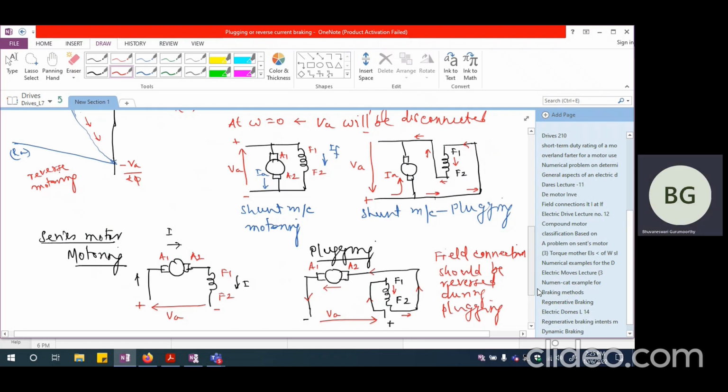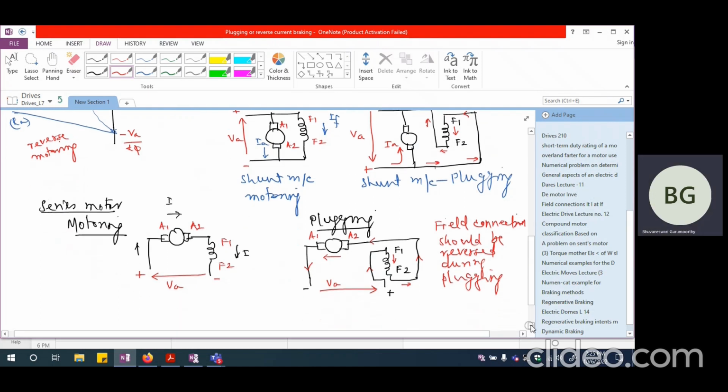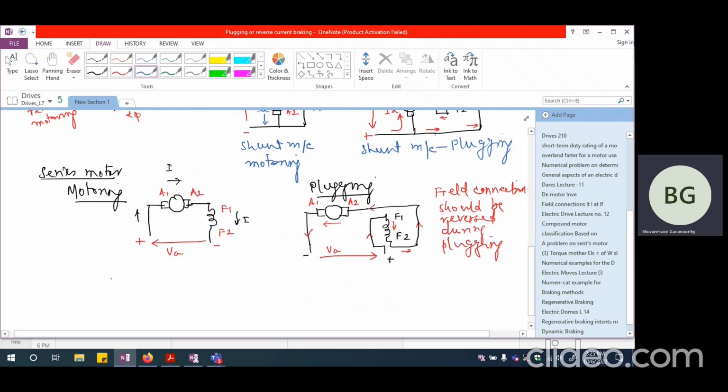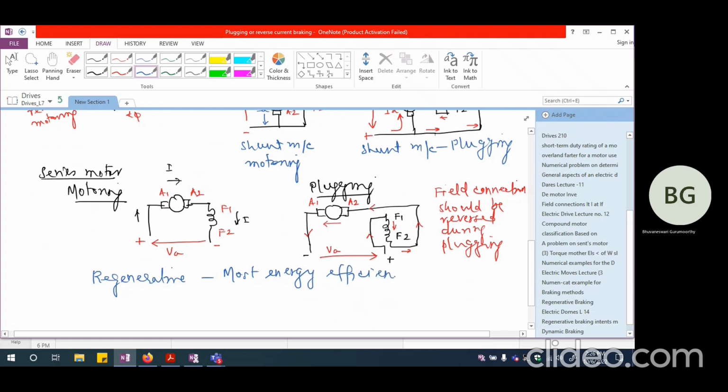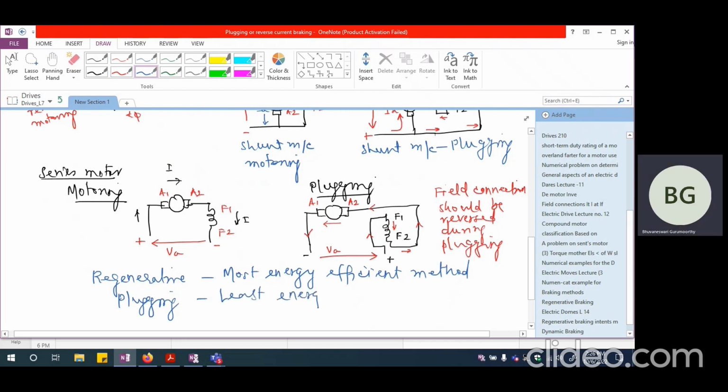Okay. So if I look at the three methods of braking the DC machines, regenerative is the most energy efficient method, whereas plugging is going to be the least energy efficient method.